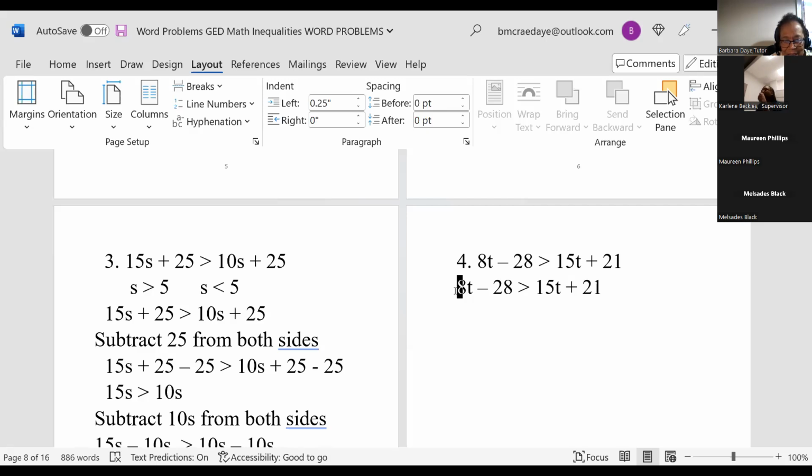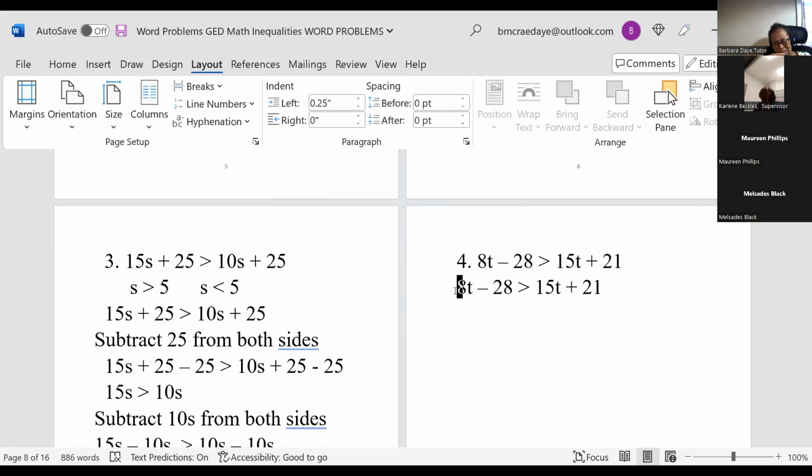And how did you do that? I put 8t, sorry, plus 15t on the left side. You did a plus. Why would you do a plus? Because at the top I see a subtraction sign.